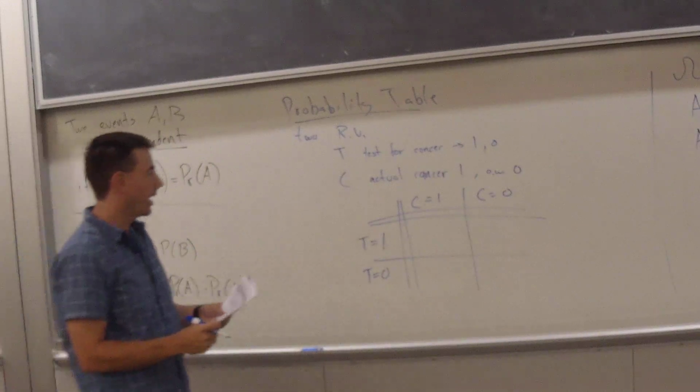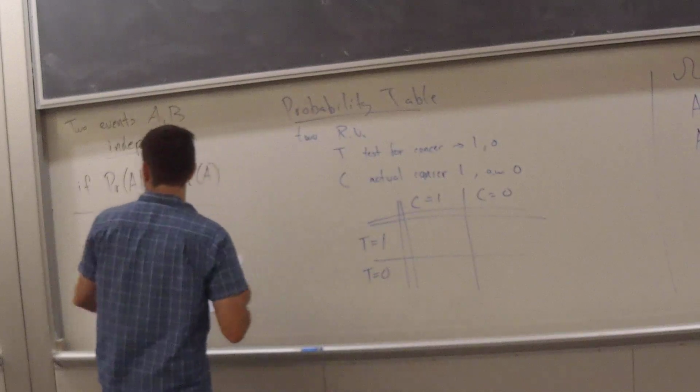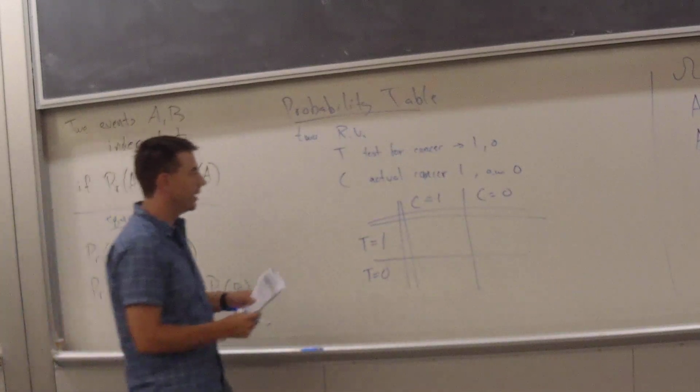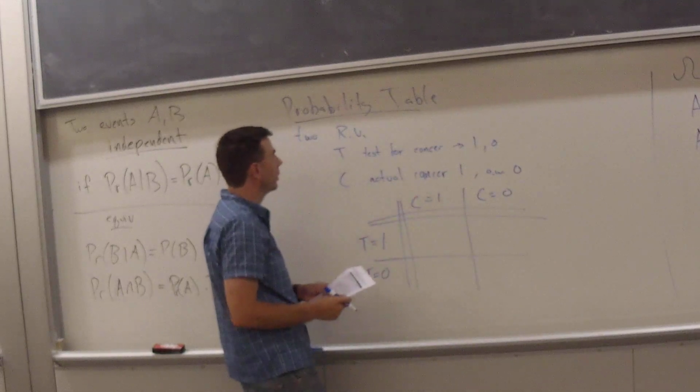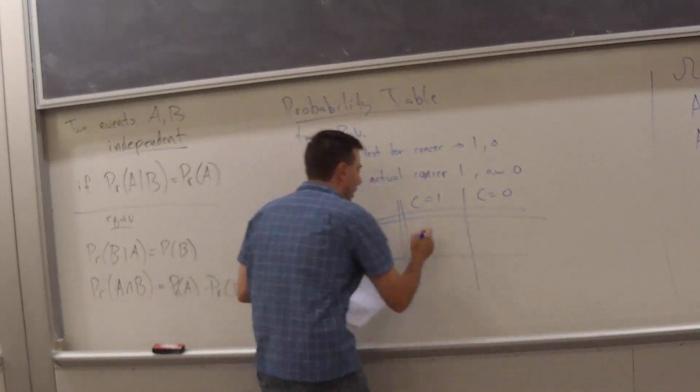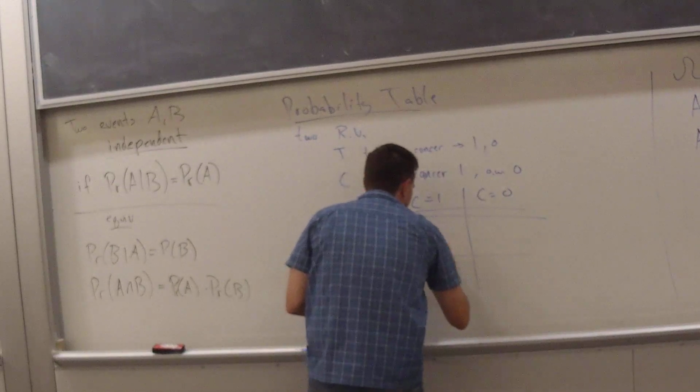Now there could be some geometric space I think about this, but my only interaction with it is these two random variables. So then I can write the probability inside of this table.